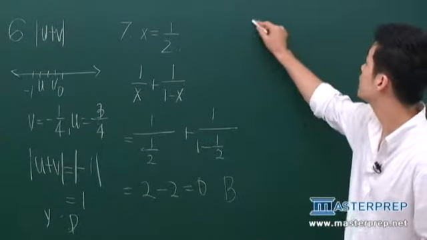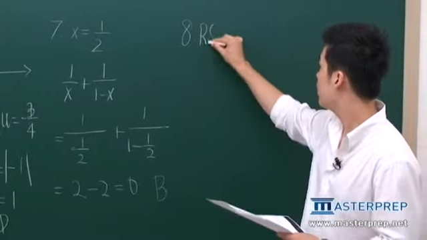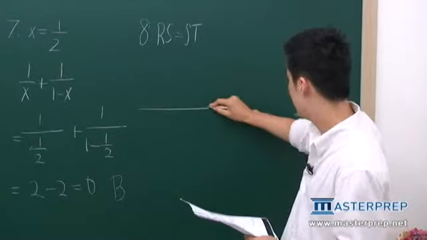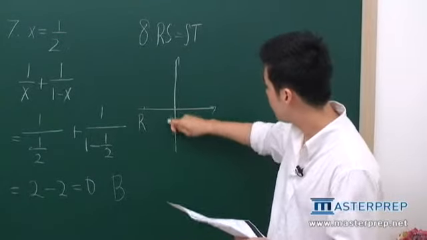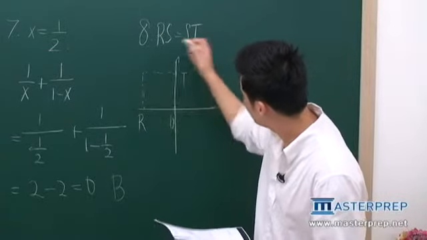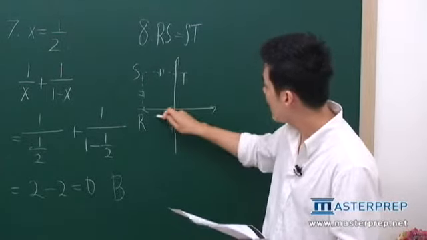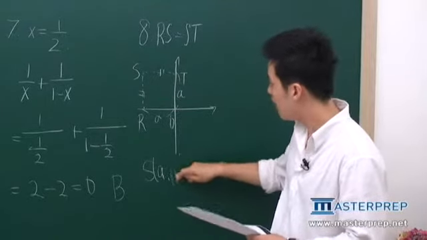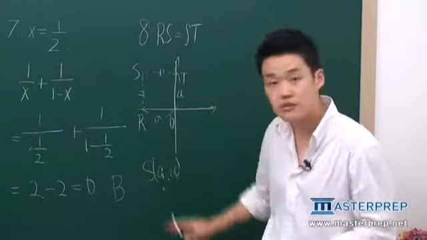And let's look at number 8. In the figure above, RS and ST are equal. So we have a Cartesian coordinate plane. This is R, this is O, the origin, and this is T. We have equal lengths of those lines, which means if this is A, the height is also A. So S is actually equal to A and A, except in this position we have to put negative signs in front of it.